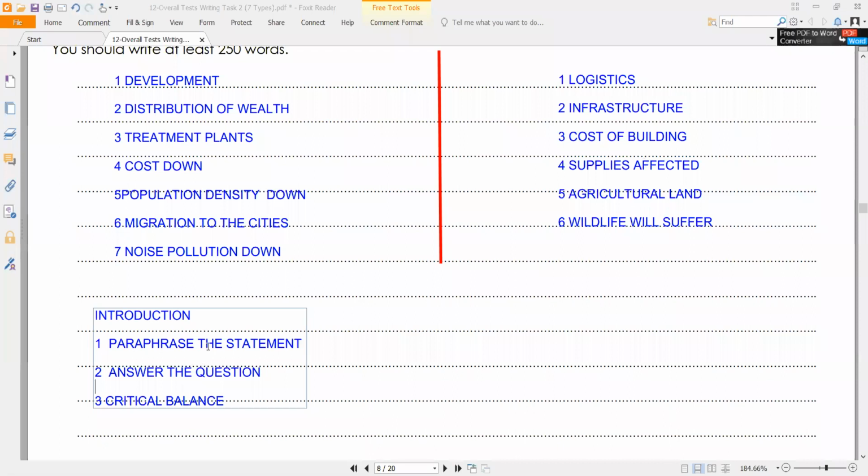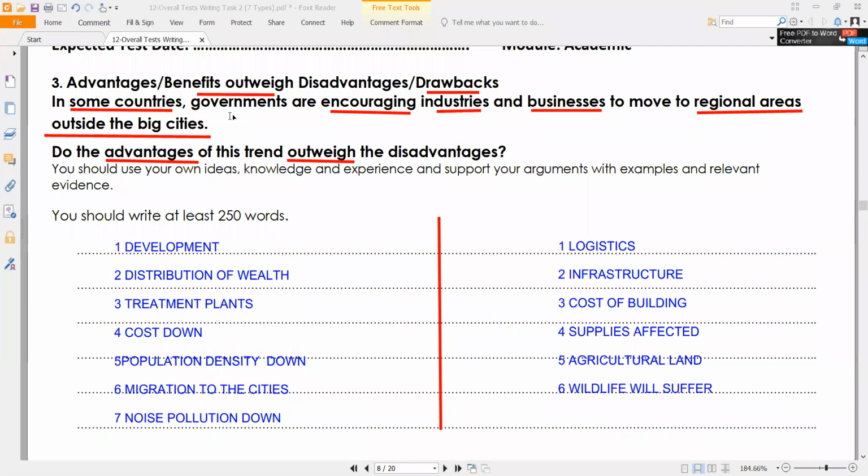So in the introduction, you paraphrase the main statement, this one. So you could say relocation of manufacturing units and service industry is being incentivized by the states, by a few states around the globe. And I believe it is a positive move, and its positives or its advantages will easily outscore the negatives or the drawbacks, though some may have a different opinion.